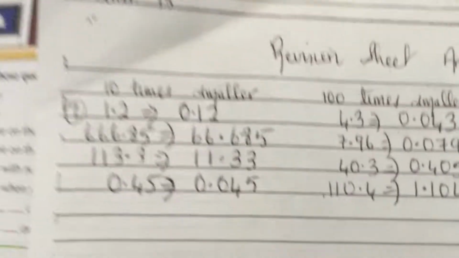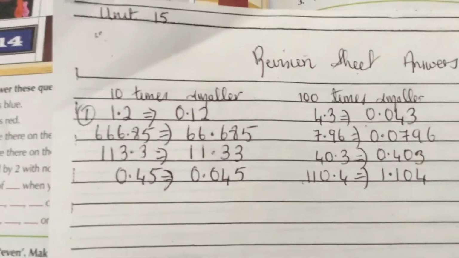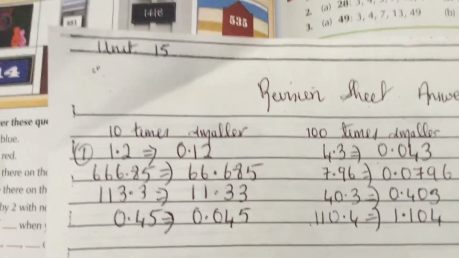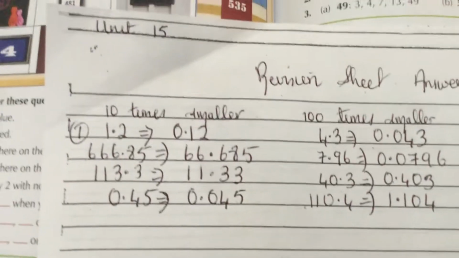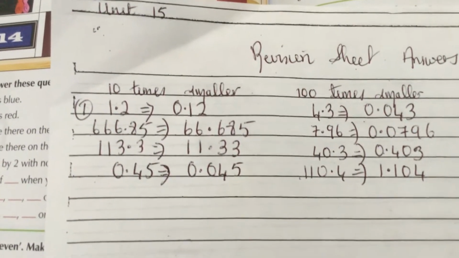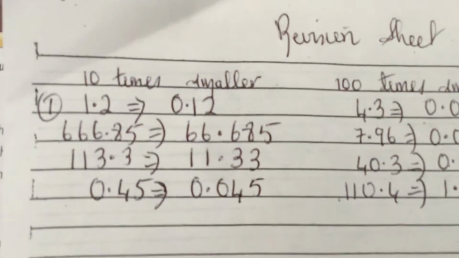The trick, to make it easy for you, is to bear in mind that it appears the decimal point is moving one place to the left when you're making it 10 times smaller, but it's not.